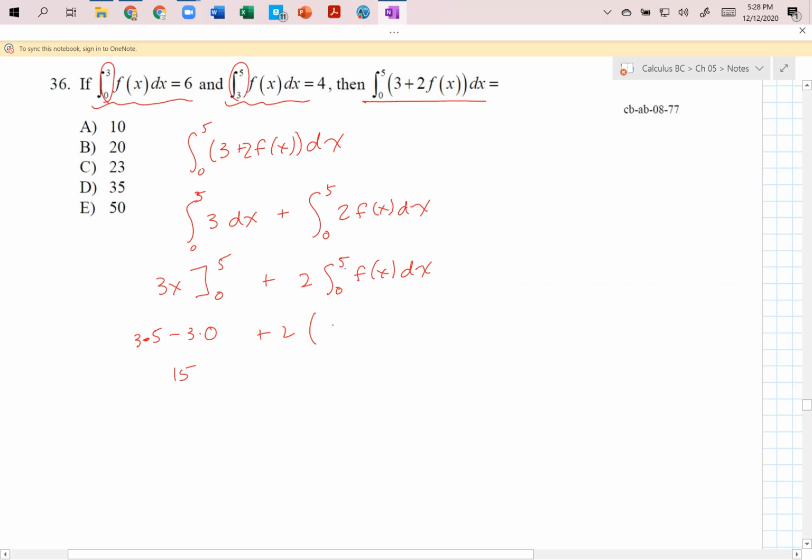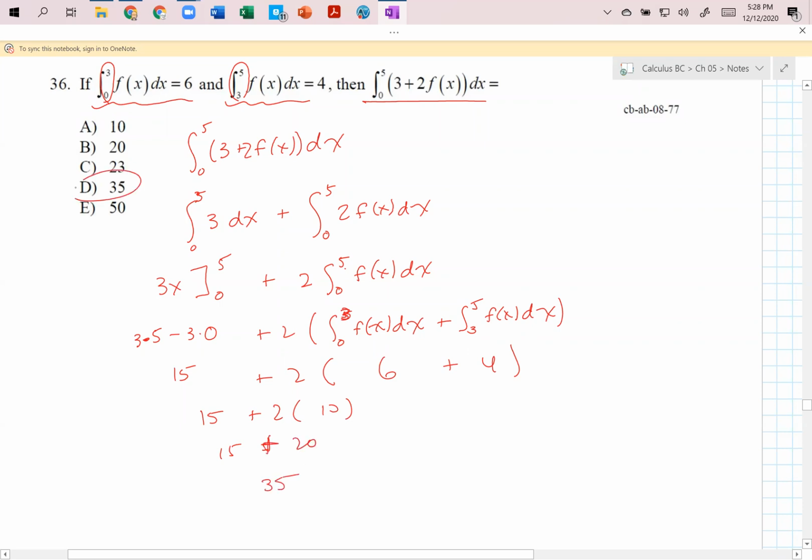So this would be the integral from 0 to 3 of f of x dx, plus the integral from 3 to 5 of f of x dx, which is 2 times 6 plus 4, grabbing that from the problem stem, 15 plus 2 times 10, 15 plus 20, for a total of 35. And that's problem number 36.